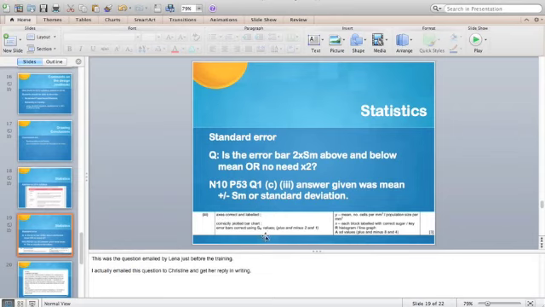So I think the question here is whether we should apply 2 times standard error, because we always teach our students to use 2 times standard error. So do we need 2 times standard error or not, and at the same time why standard deviation is also accepted? And this was her reply.